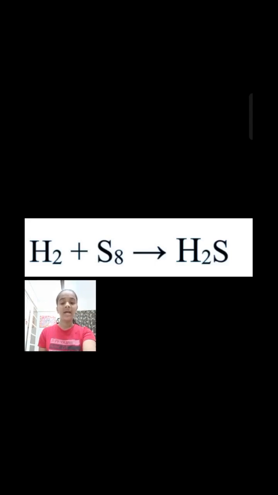Next we will see reaction with chlorine. Hydrogen combines with chlorine gas in the presence of diffused sunlight to form hydrogen chloride gas. In bright sunlight, the reaction is very explosive and produces a lot of energy. In the dark, no reaction occurs.